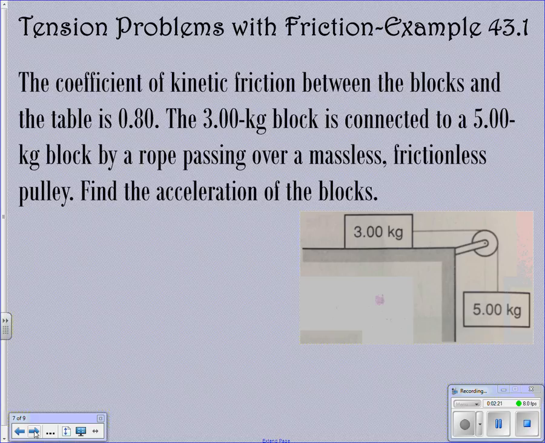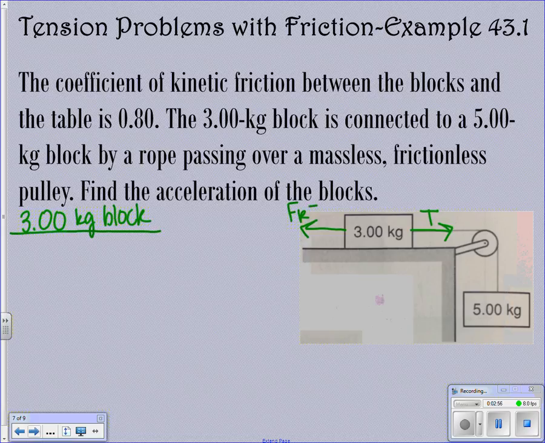We're going to start with a 3 kilogram block and fill in all of our information that we can for that block. So I'm going to start by drawing a little diagram for this. We've got the tension in the rope going this direction, and acting opposite the tension is the kinetic friction.